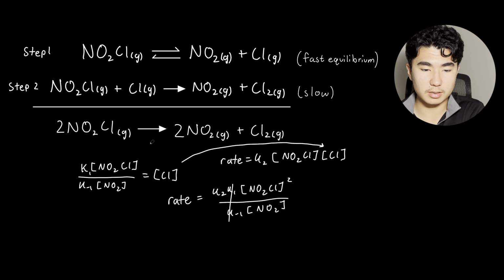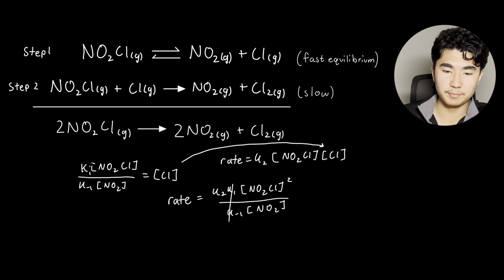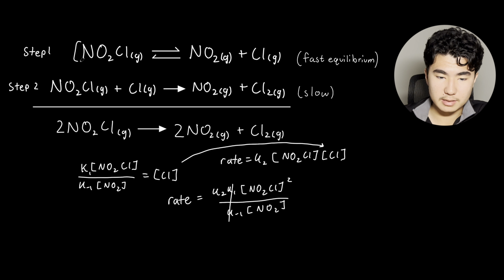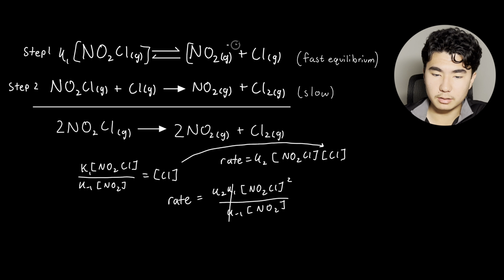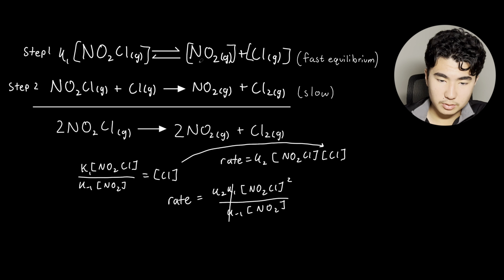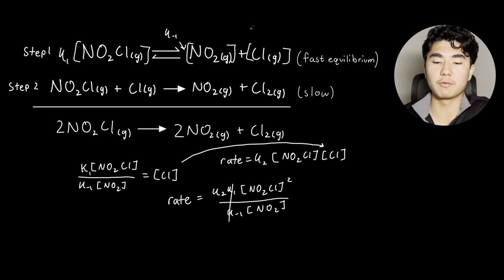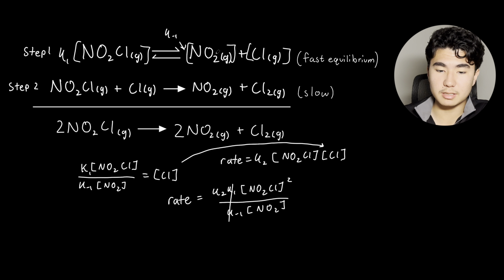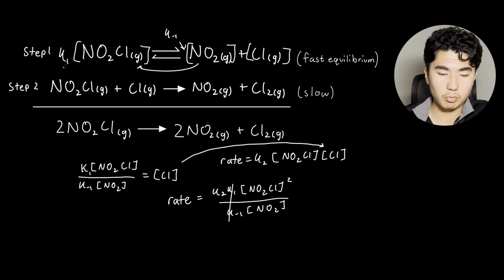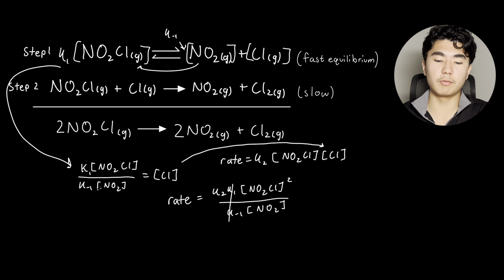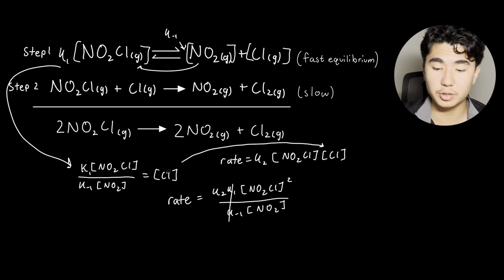So step 1 was [NO2Cl] with k1, and then we had that k-1 over here for the rate constant of the reverse reaction. And all we did is move this [NO2] to the other side, which formed this rate law over here, and that equals our concentration of chlorine.